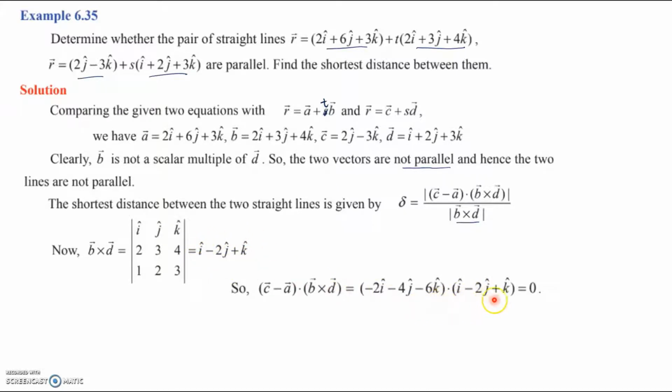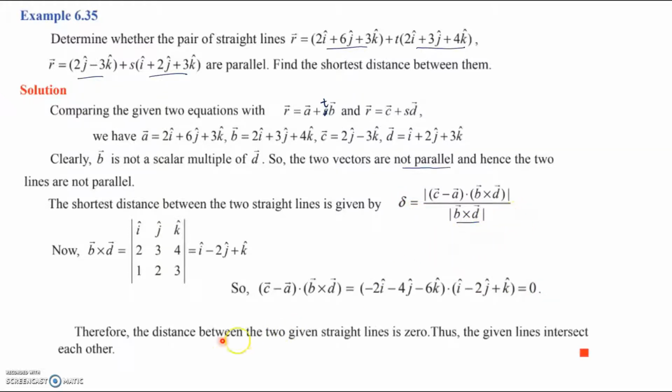If you actually solve this, it will be minus 2 plus 8 minus 6, which is equal to 0. So our shortest distance delta will be equal to 0. Therefore, the distance between the two given straight lines is 0. What does that mean? That means the two given lines intersect each other.